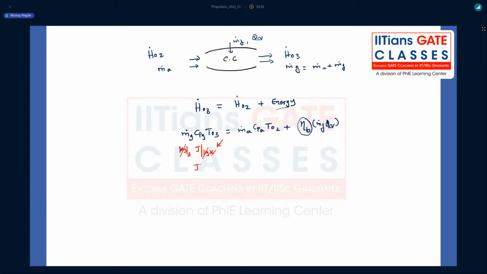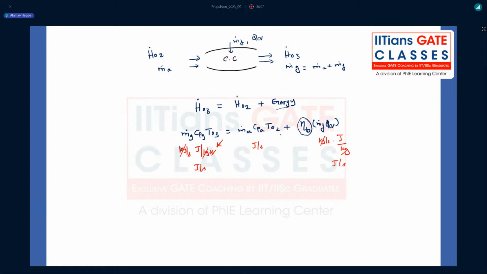I am left with joules per second. This side is also the same thing, joules per second. What is the unit of this one? Efficiency has no unit. It has kg per second times joules per kg, so kg cancels. I am again left with joules per second.